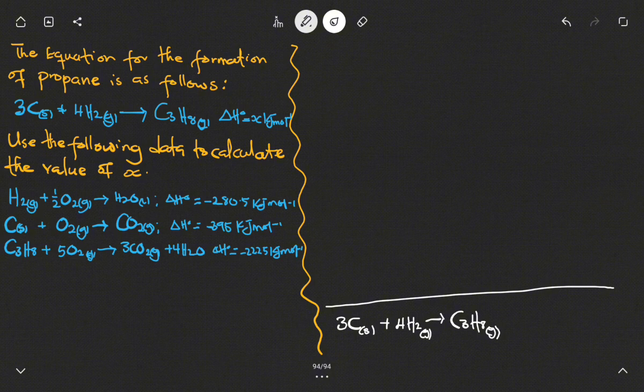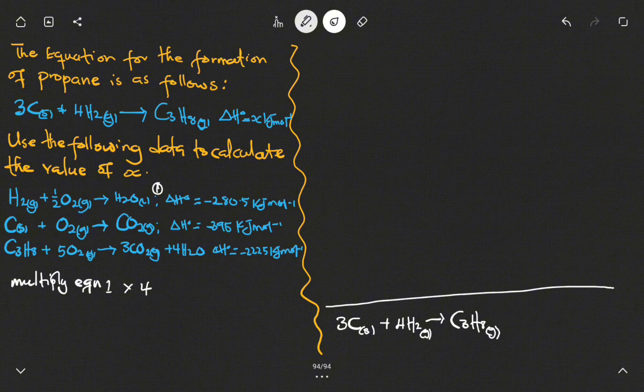So what we are going to do is, since we need 4 moles, we need to multiply the first equation by 4. So let's say this is equation 1. We'll multiply it by 4.